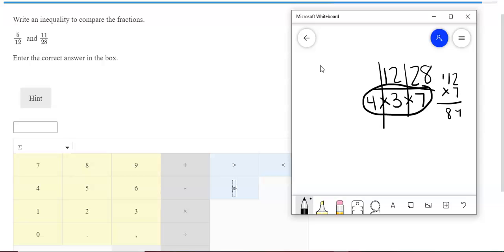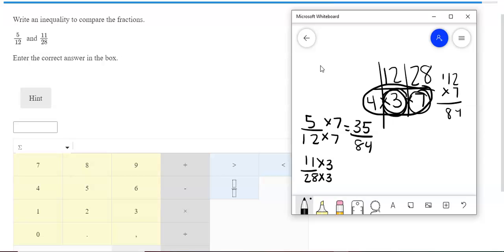So we're going to get 84 as our denominator. So 5/12 times 7, we get 35 over 84. And 11/28 times 3, because I'm just getting those numbers from right up here, guys, is 33 over 84. Once again, the first one is greater than the second one.